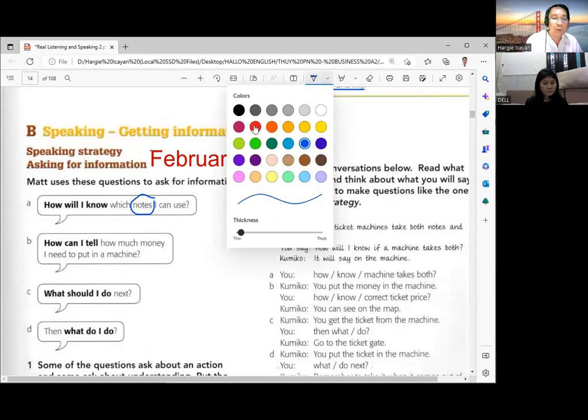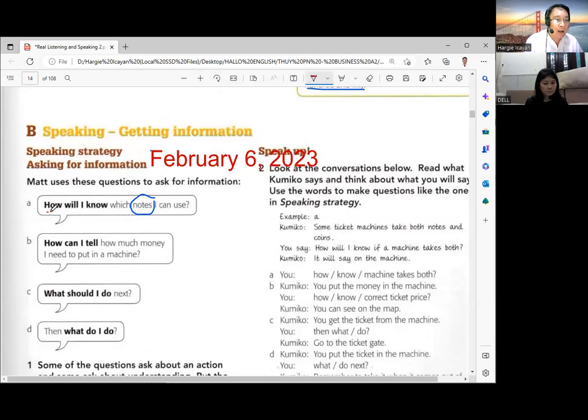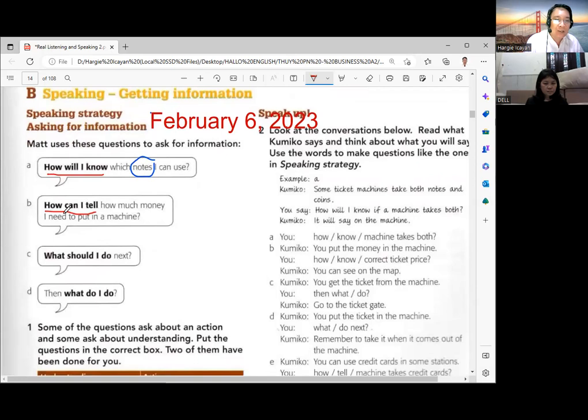Okay, so I am going to mark this one. How will I know? How can I tell? So he also asked a question about how I can tell how much money I need to put in a machine. Okay? So again, the question, how can I tell? Next, letter C, Toy.